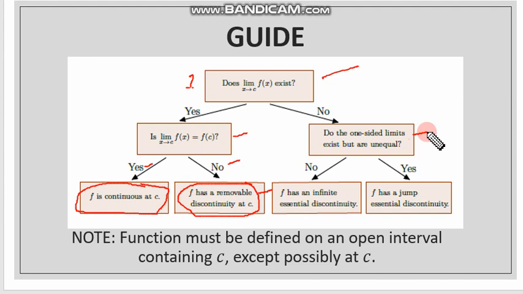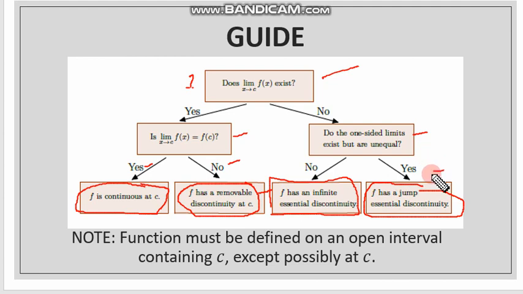Do the one-sided limits exist but are unequal? If your answer is no, then it means that your function has an infinite essential discontinuity. But if your answer is yes, it means that your function has a jump essential discontinuity.